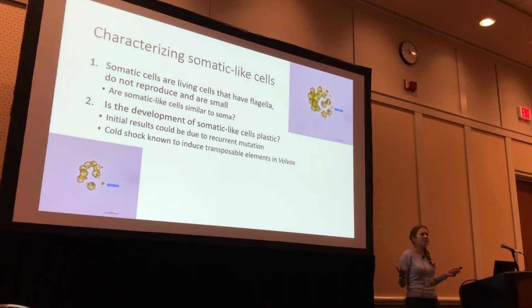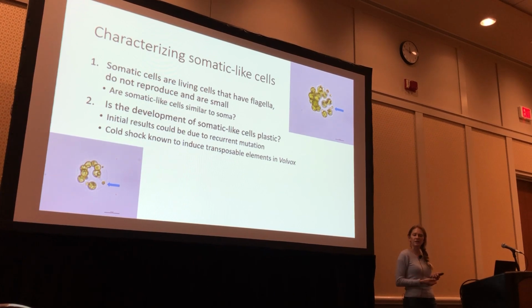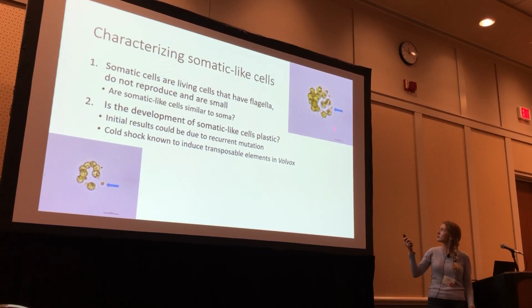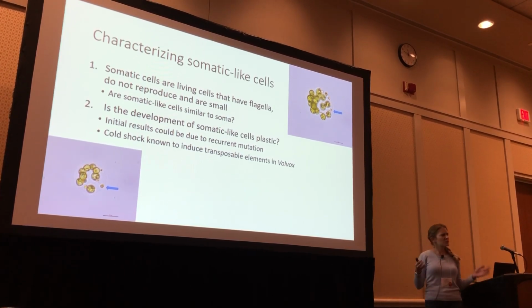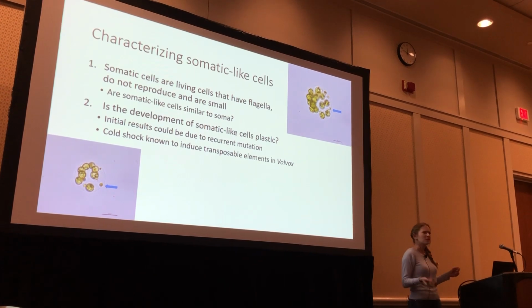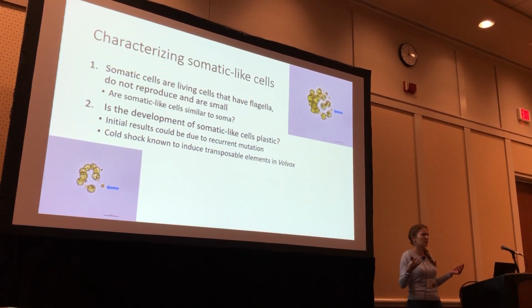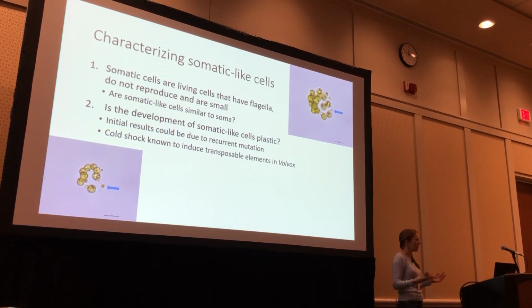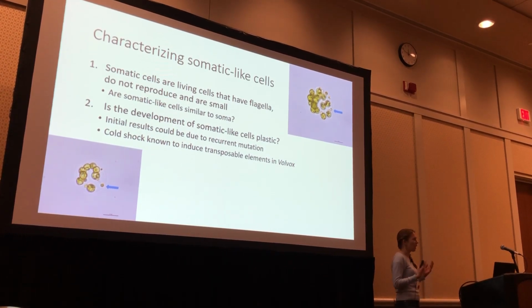And when I did that, I found initially that the Eudorina elegans species that normally have no somatic cells, they're usually undifferentiated, I saw a small number of smaller cells that, on first glance, resemble soma. But are these actually somatic-like? Do they have flagella? Are they alive?